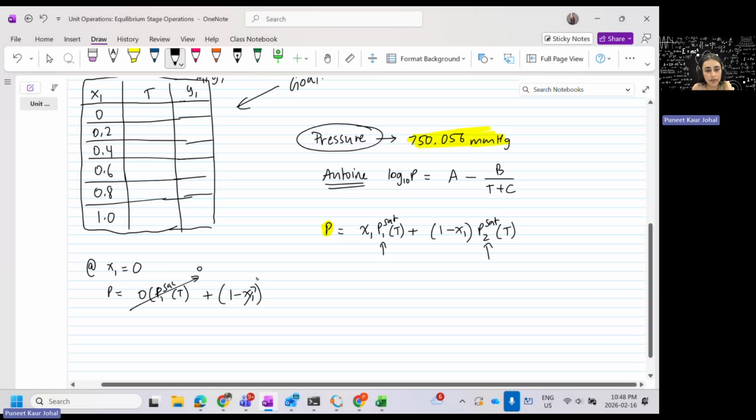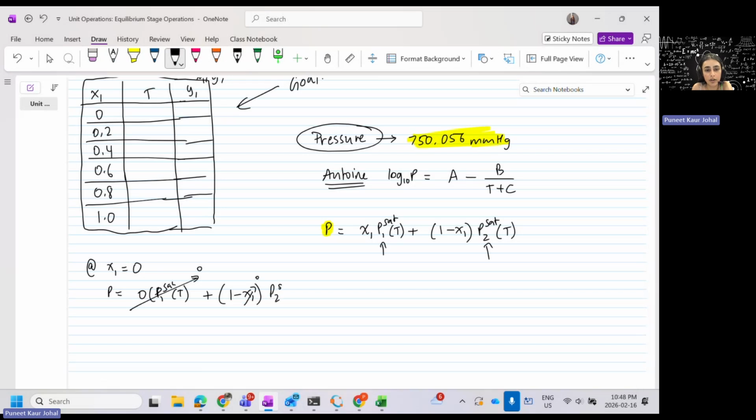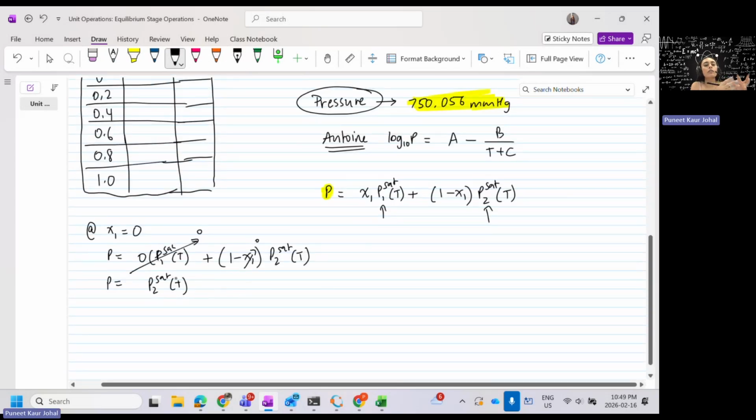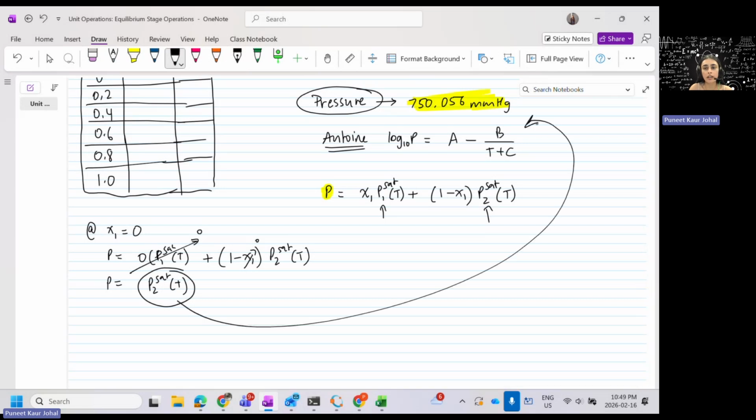Because x1 is 0, we're only going to be left with P2 sat at T, which means the pressure is just P2 sat, and I can easily find the temperature by using Antoine's equation.